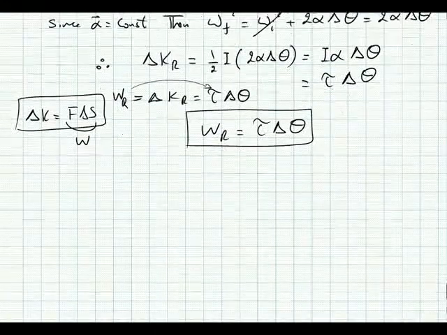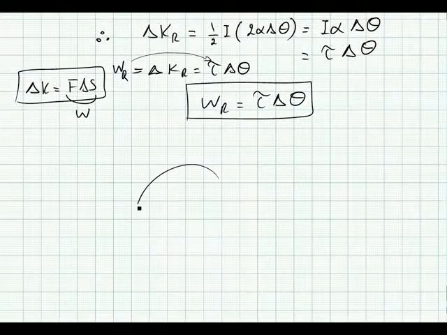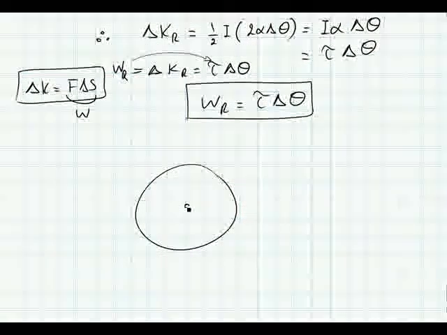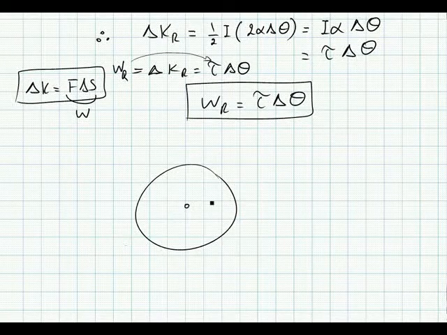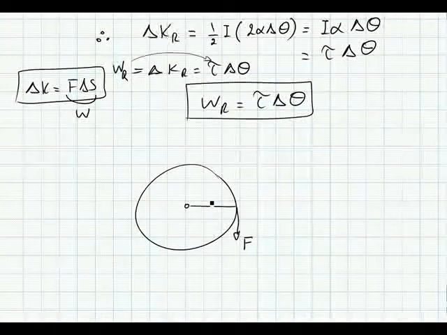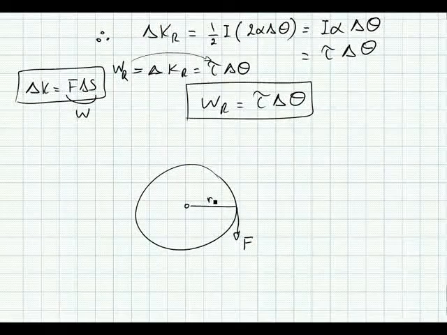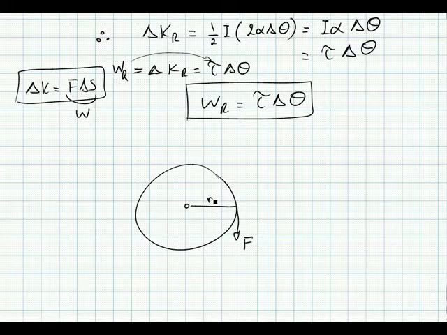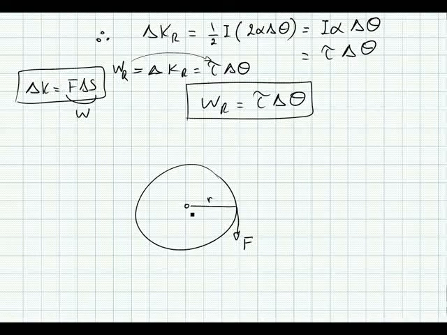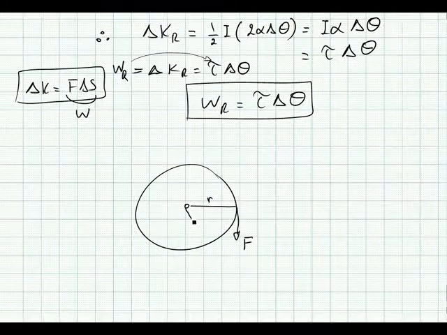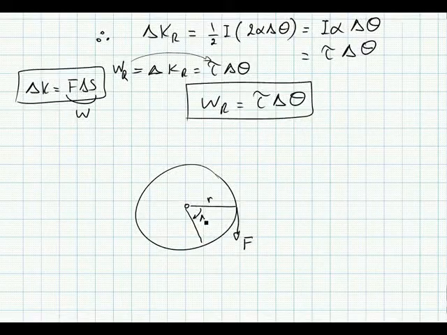So for example, if we have a disk rotating about an axis in and out of the page, perpendicular to the page, and there is a force F acting on the disk, the radius of the disk is r, and we rotate as a result of applying this force. The disk rotates by some angle delta theta.